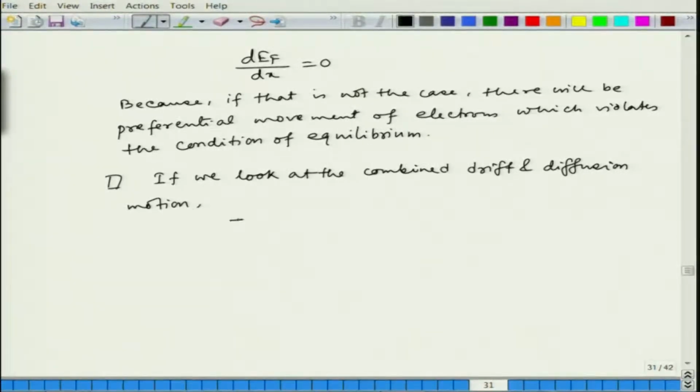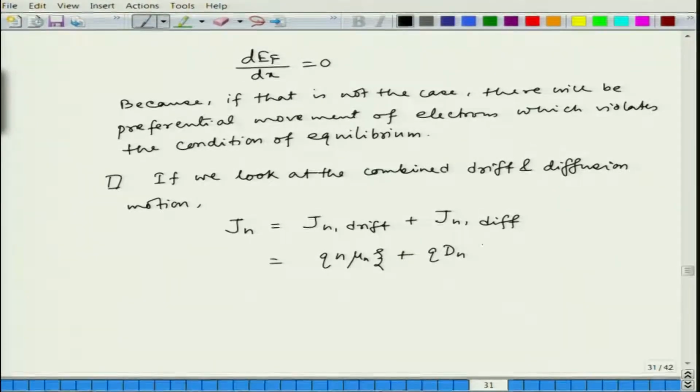then what we have, this total current density due to electron will be current density due to drift plus current density of electron due to diffusion, right. And we have also quantified them at least in terms of this mobility and diffusion coefficient, that it is q into n into mu_n xi plus q into capital D_n dn/dx, right.